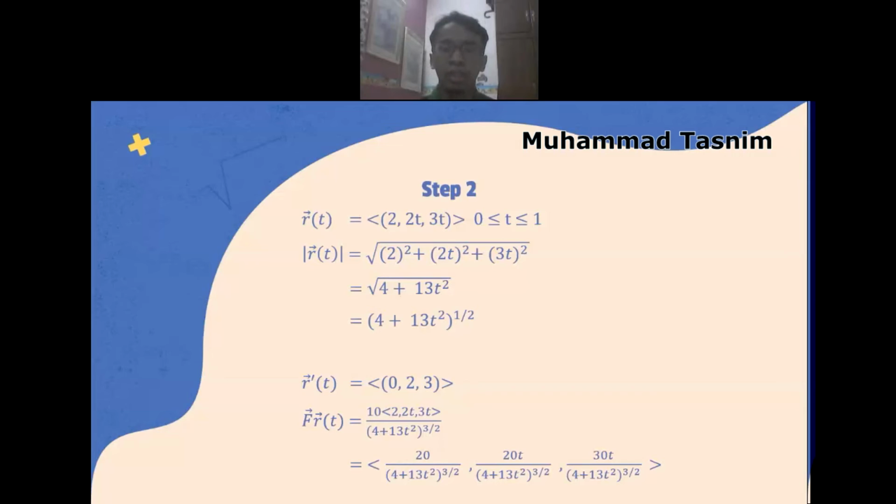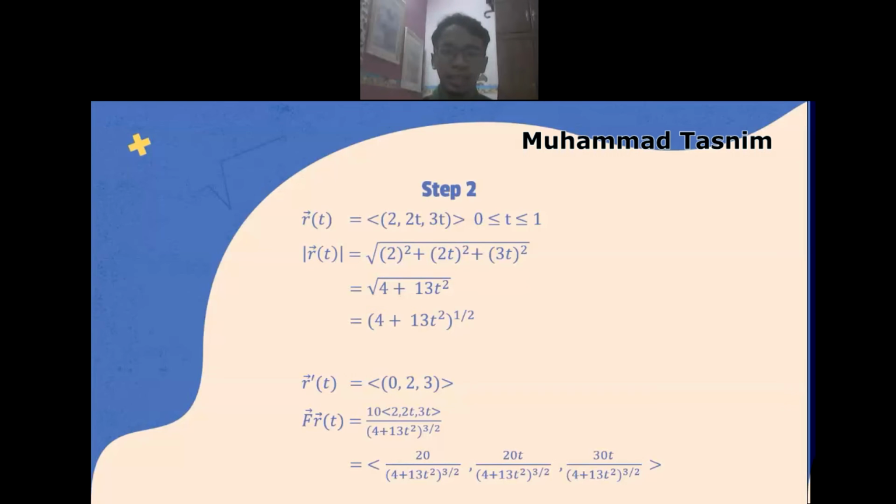And then we must find the modulus of r(t), and the answer is (4 plus 13t squared) to the power of 1 over 2. Then we calculate r prime (t), and the answer is 0i plus 2j plus 3k by differentiating x(t), y(t), and z(t).